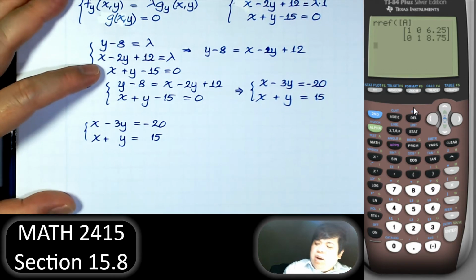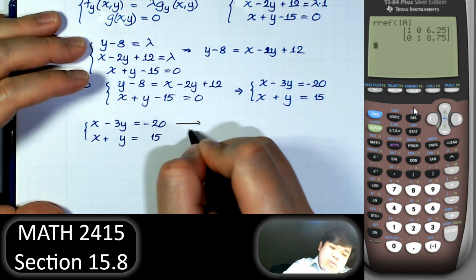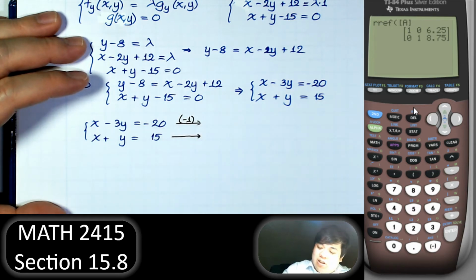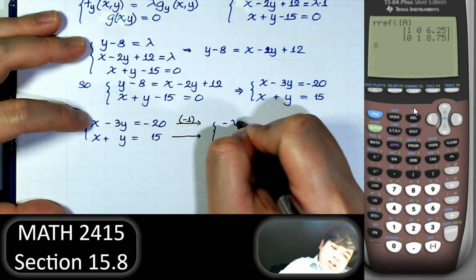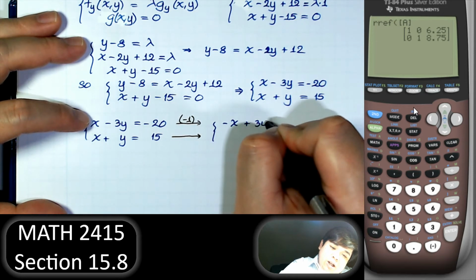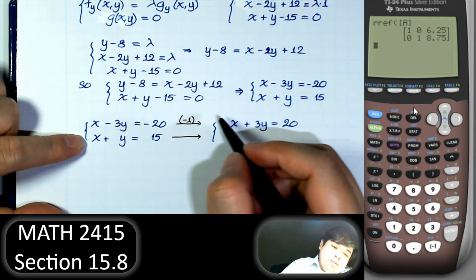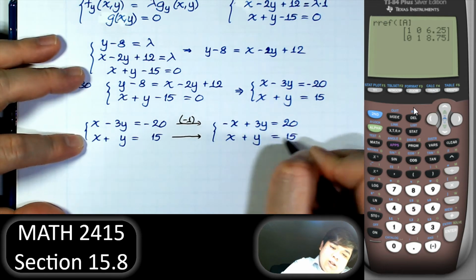Yeah, just elimination or substitution. Just try to eliminate x, for example. Multiply the top equation by -1. So I will have -x plus 3y equal to 20, and then x plus y equal to 15.